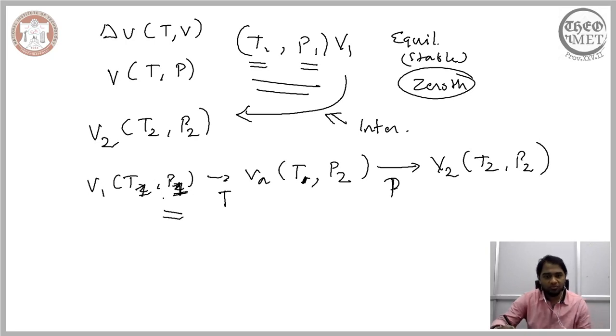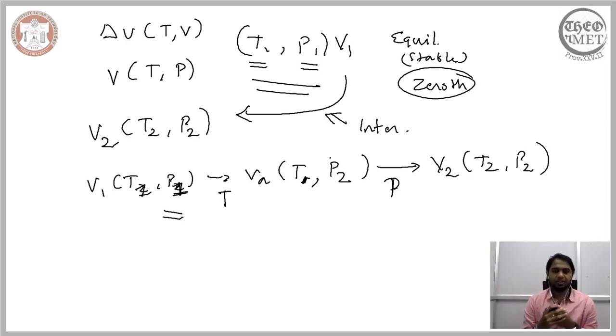Once we introduce the intermediate step in such a fashion, the temperature is constant when the system shifts from the initial state to the intermediate state, and the pressure is constant when the system shifts from the intermediate state to the final state.